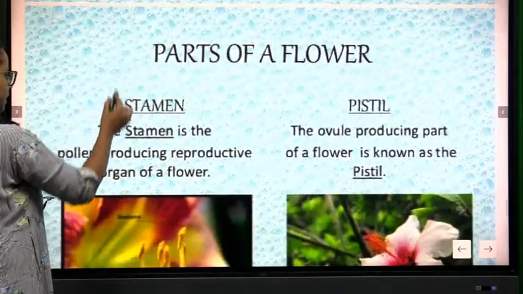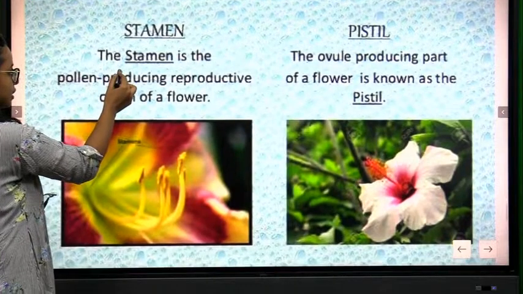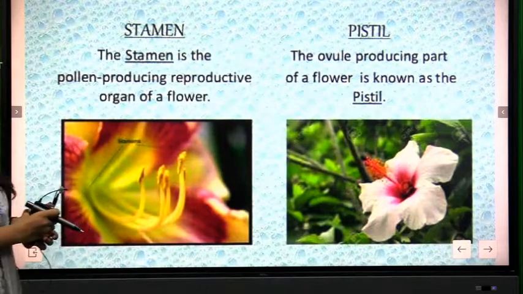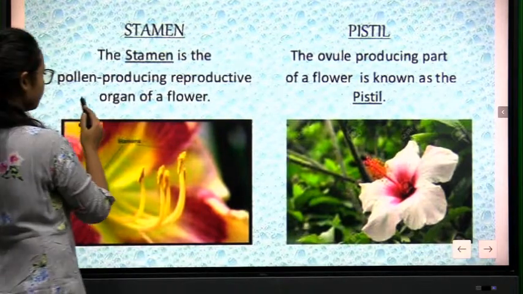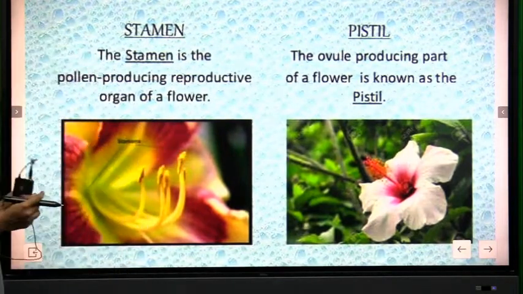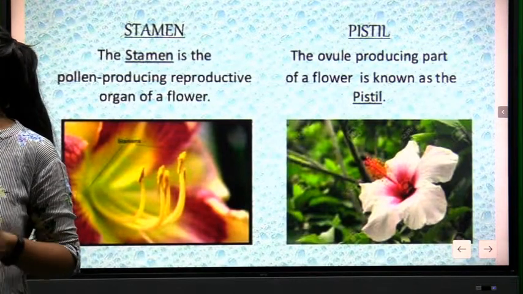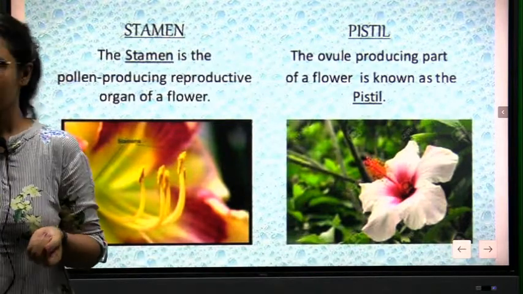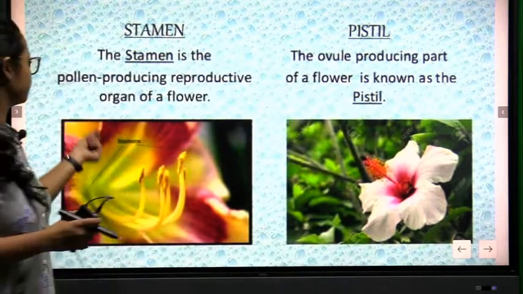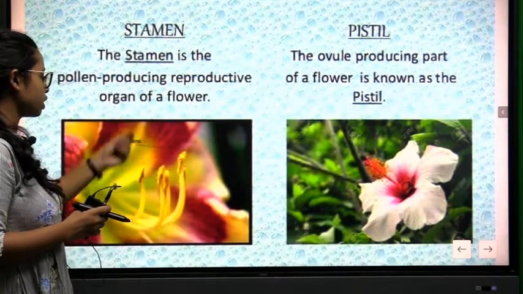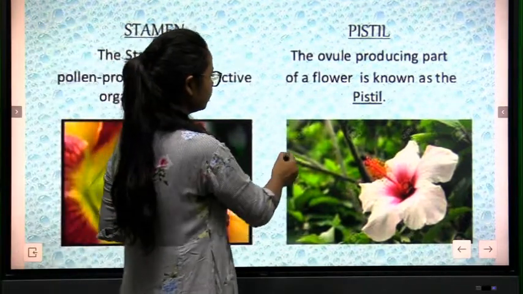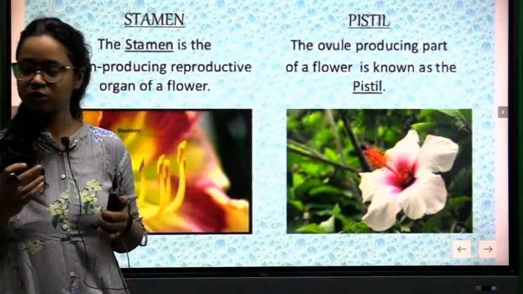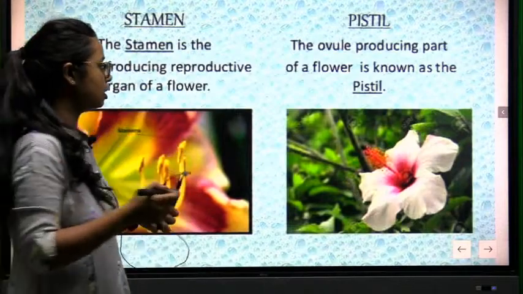Now parts of a plant. We will talk about how there are so many parts in a single flower also. First is the stamen. Now what is a stamen? The stamen is the pollen producing reproductive organ of a flower. Pollen means there are small seeds in them. The pistil is the ovule producing part of a flower, the part which produces the flower.